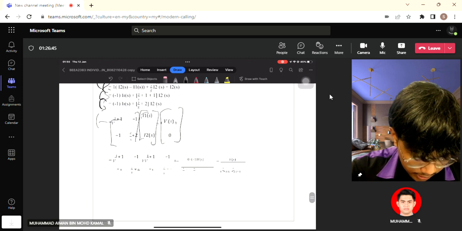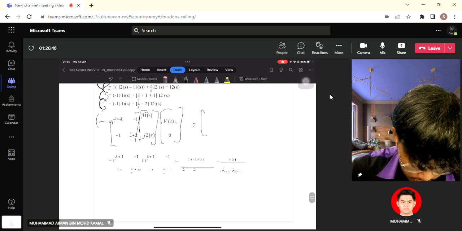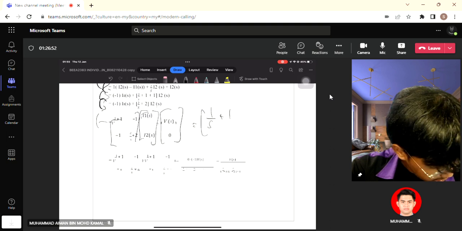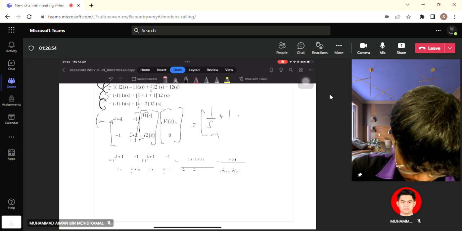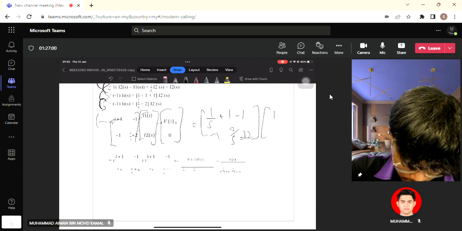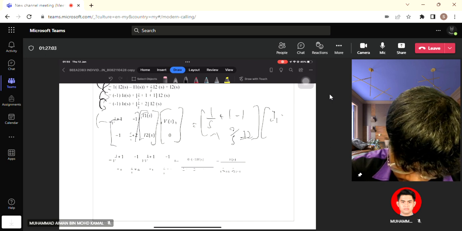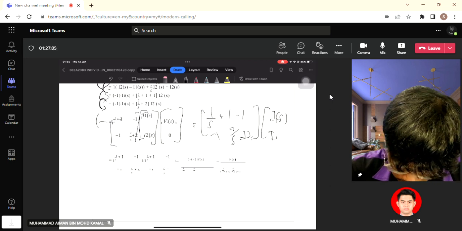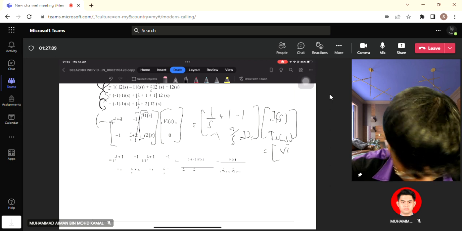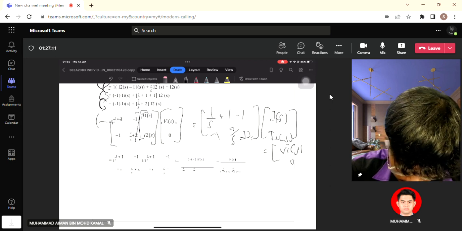So this should be like: [1/s + 1, −1; −1, 2/s + 2] times [I1(s); I2(s)] equal to [Vi(s); 0].